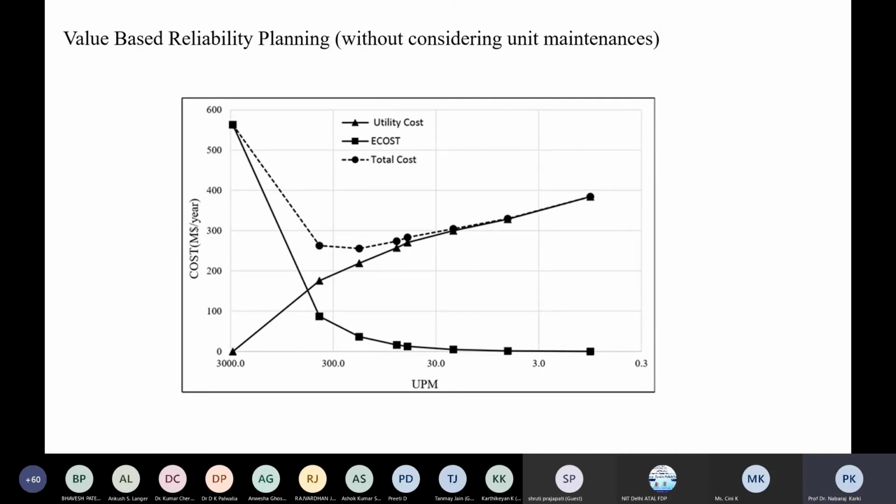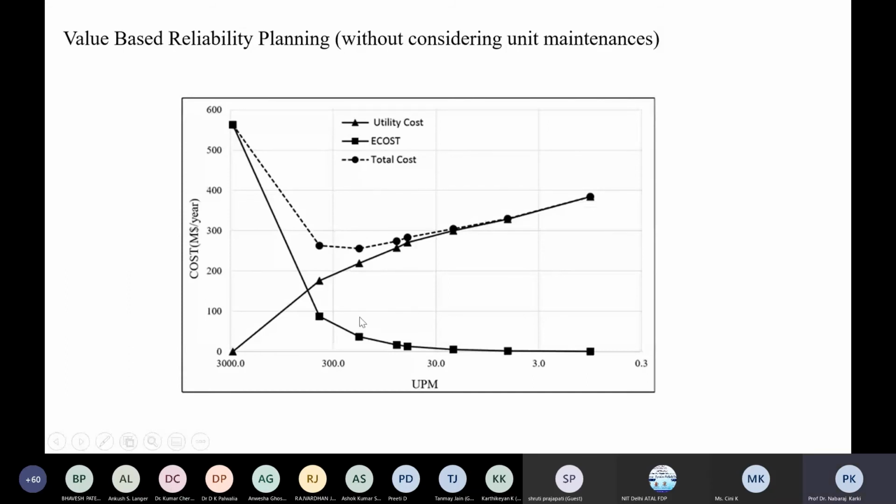This is the utility cost, that is the investment cost, and this is the societal cost, or total cost, given by the dotted line. We have to operate at a minimum level somewhere at this point. This was without considering the unit maintenance, so the lowest UPM value is somewhere here.